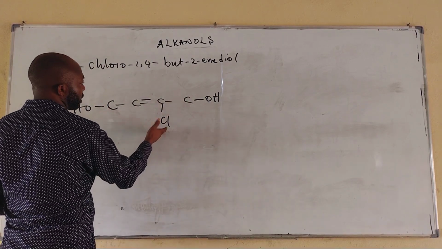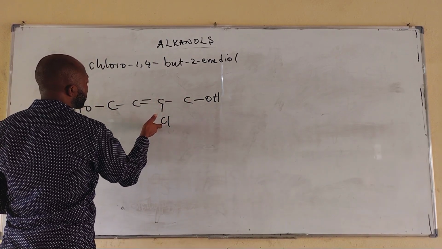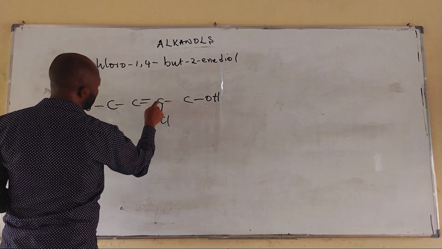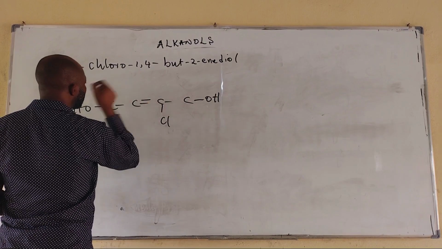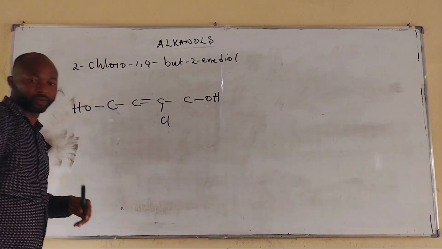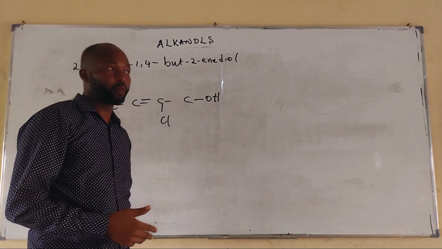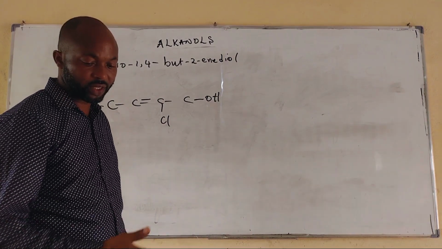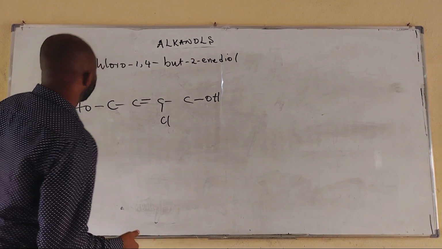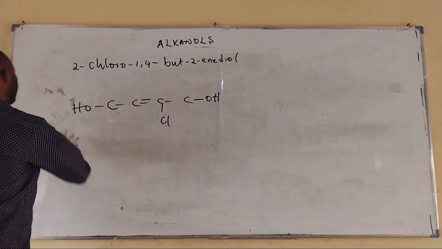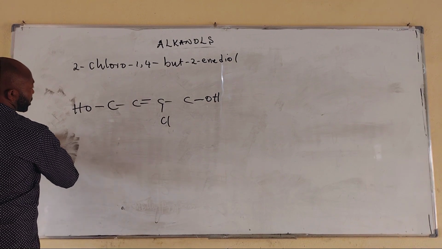So our chlorine comes first. 2-chlorobut-2-ene-1,4-diol. So the technicality is always there, but we must pay attention to it so that we don't make mistakes. If you remember the rules, you will understand what we do. So let's move on to another question.